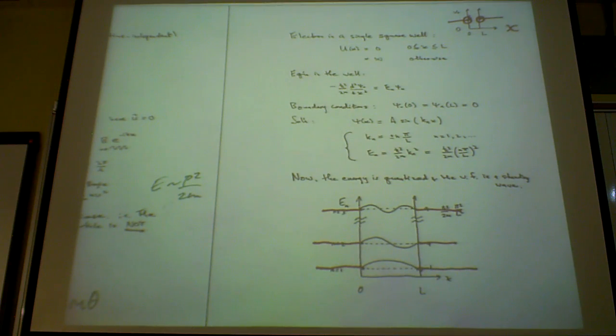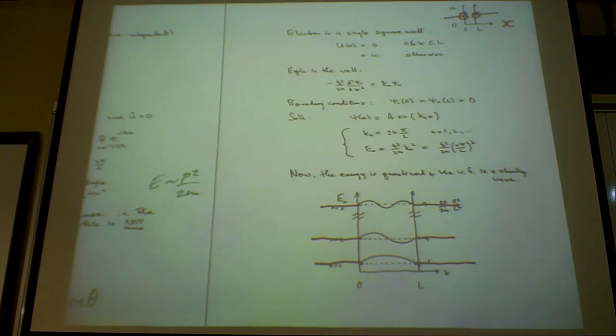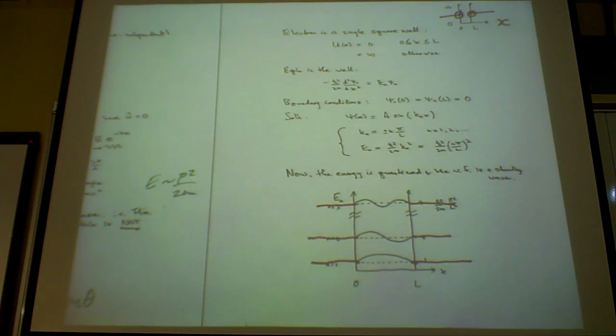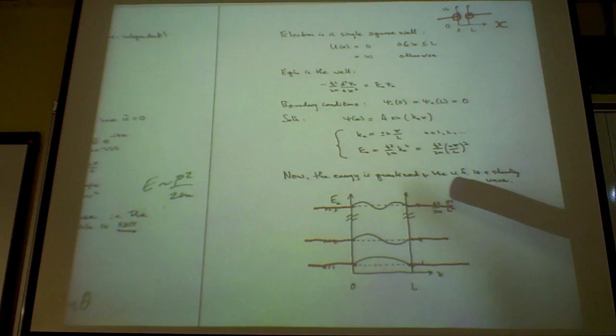So you have different standing waves, and also the energy level is quantized, and is quantized in a well-defined way. In this case, the energy is proportional to n squared, where n is the quantum number. So it goes very, very beautifully: 1, 4, 9, 16, and 25, and so forth, depending on what the integer n values are.